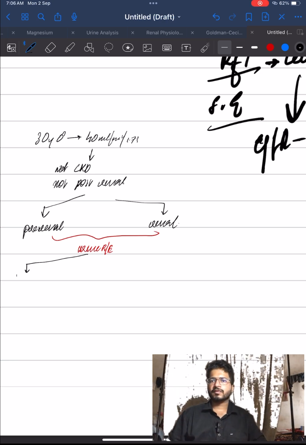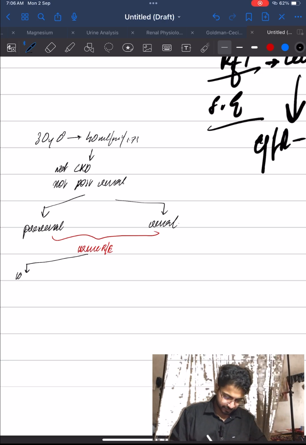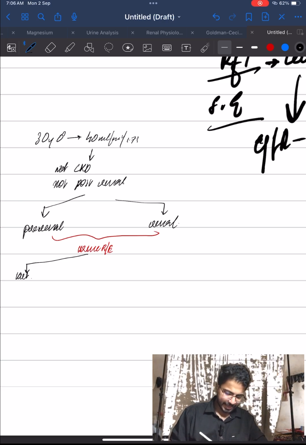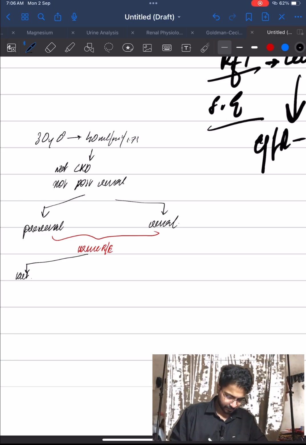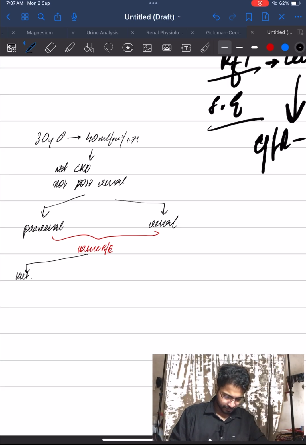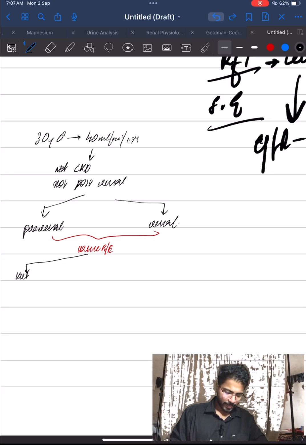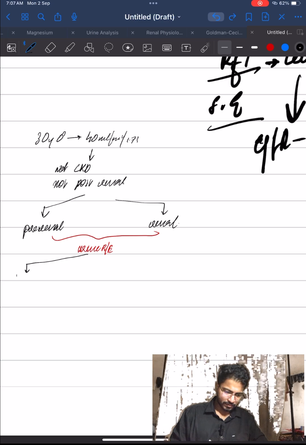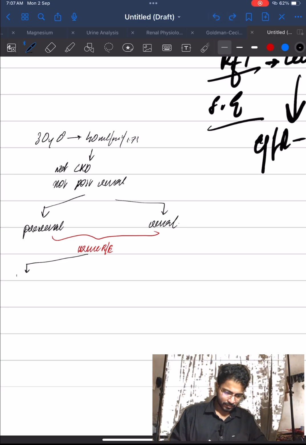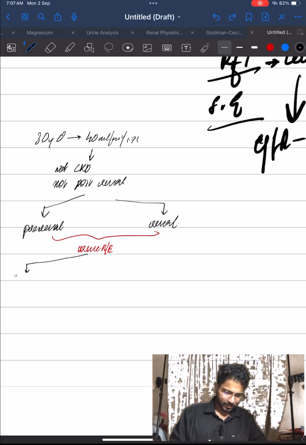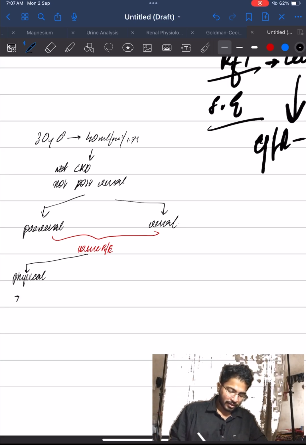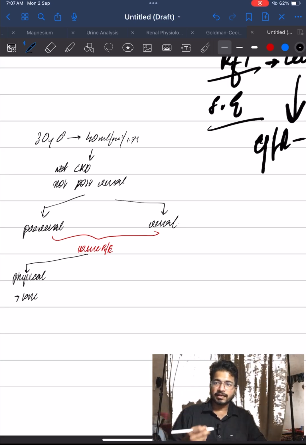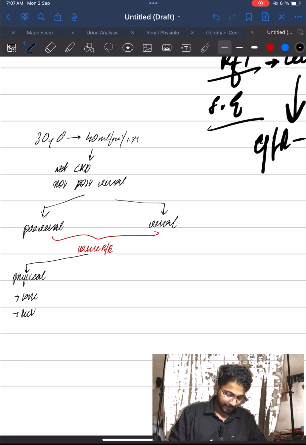First, you have to look for any cast in the urine. Sorry, first you have to look at the physical appearance of the urine.